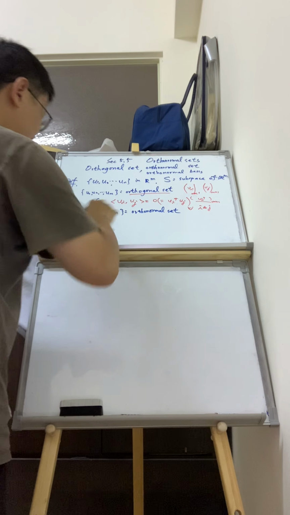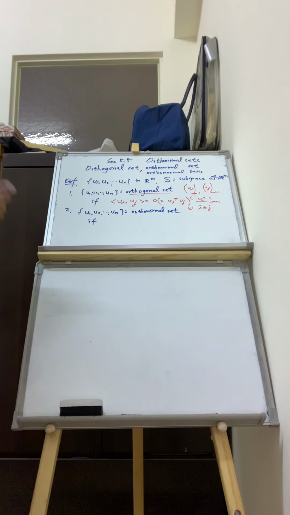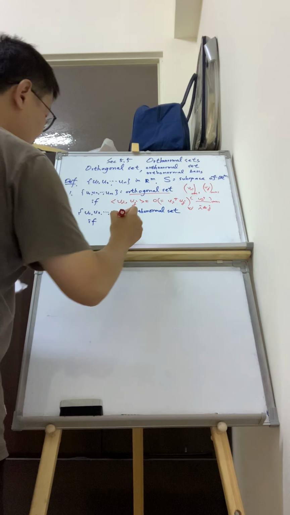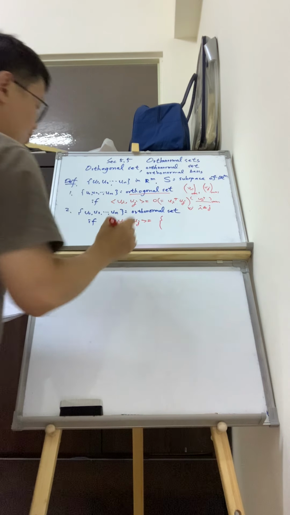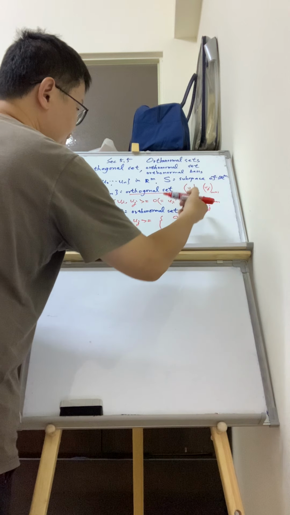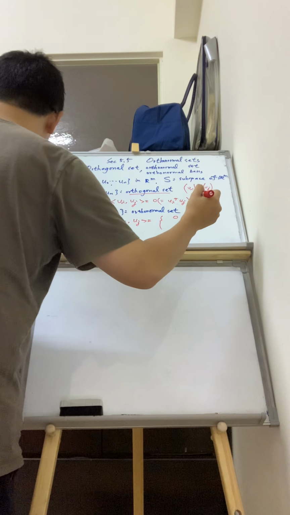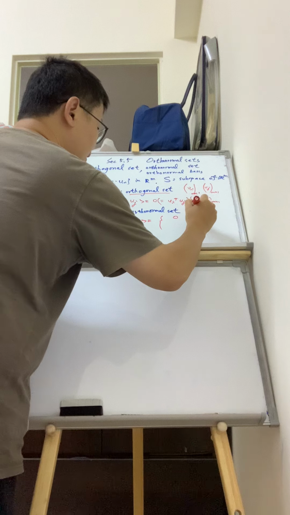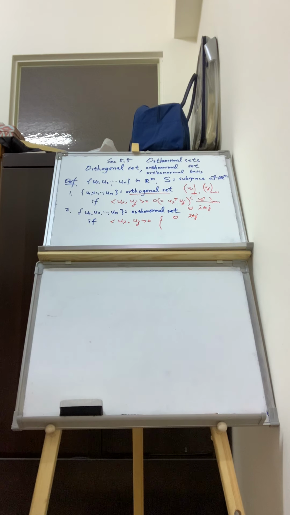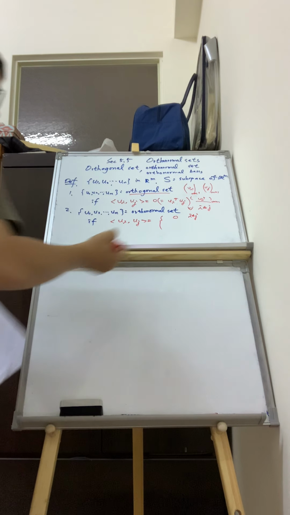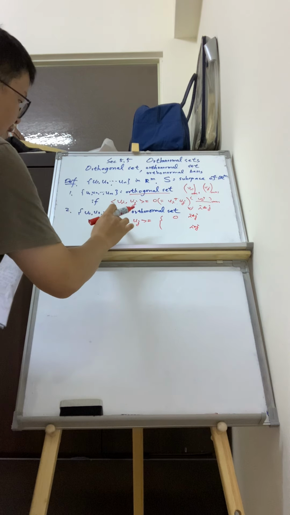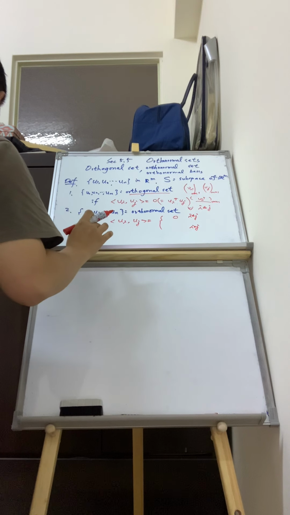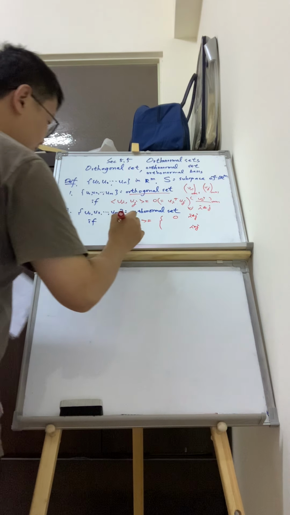It means that for ui, uj, their inner product has two cases. If i is not equal to j, then it still equals 0. But if i equals j, the inner product is the length of ui squared.